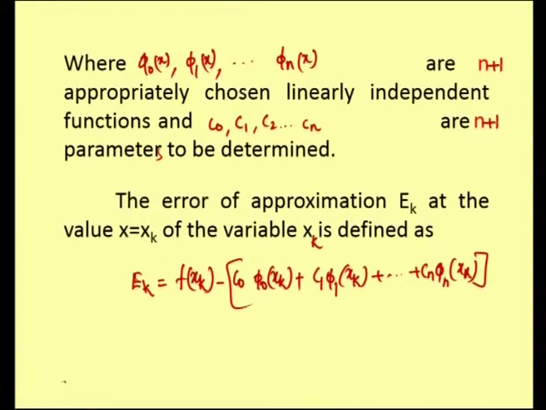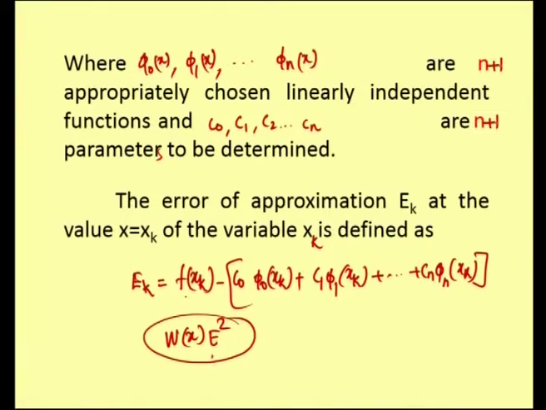The best approximation in the least square sense is defined as that for which the constants c0, c1, etc. up to cn are so determined that the aggregate of w of x into e square over a given domain D is minimum.